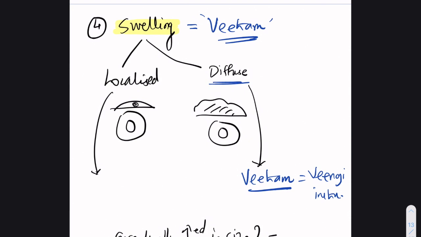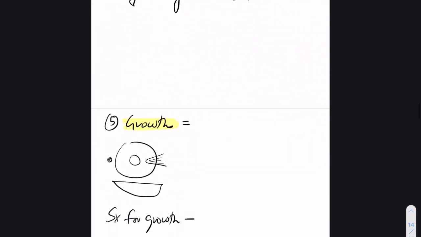Whereas a localized swelling is called Katti. Okay, very, very important. A Katti means a localized swelling, for example, a chalazion or a sty. People can use the word Katti. They will even use the word Katti for pinguecula. But if you're going to use it for a pterygium, people use the word sadai for that.